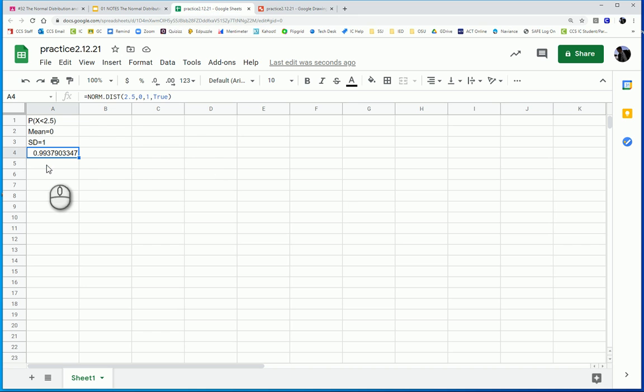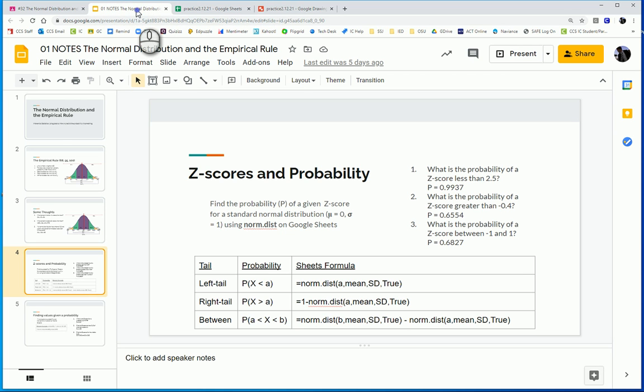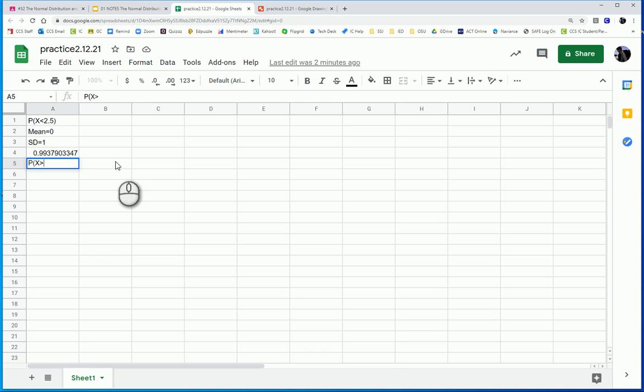So the probability that x is greater than negative 0.4. Okay, well, the mean equals 0, standard deviation equals 1. So we want equals NORM.DIST, and we want negative 0.4, comma 0, comma 1, comma true.